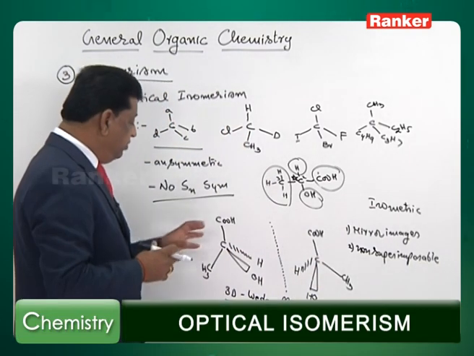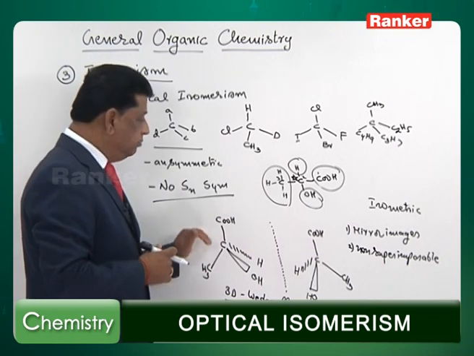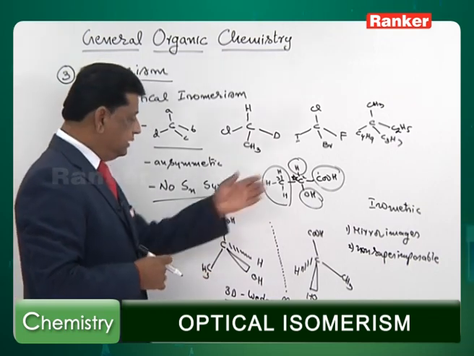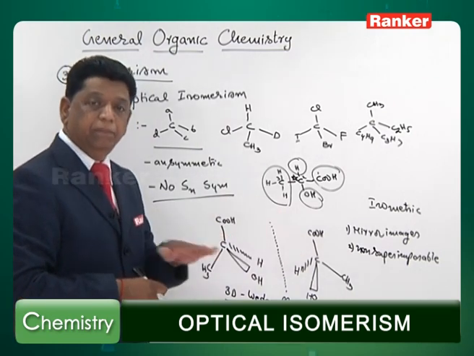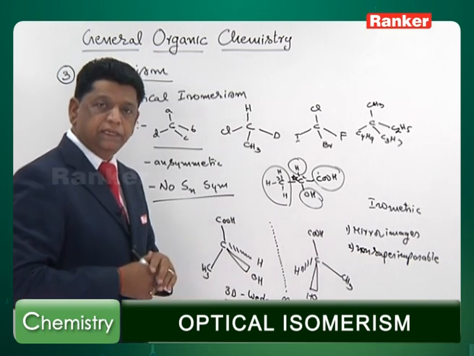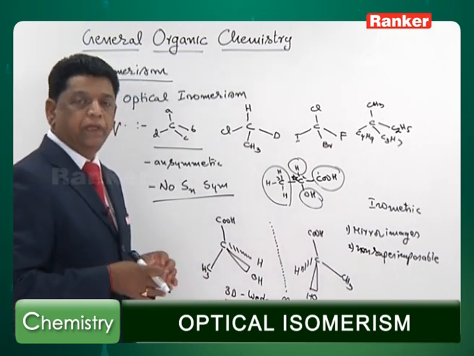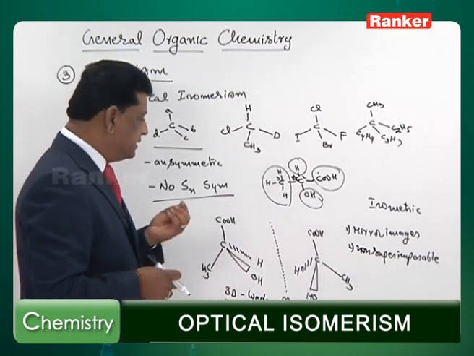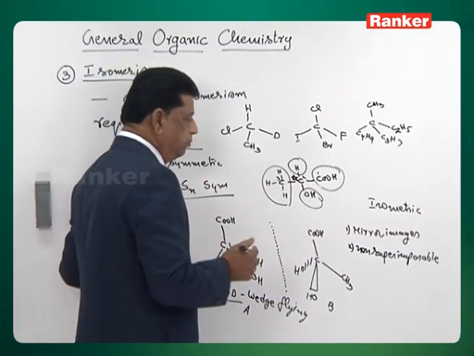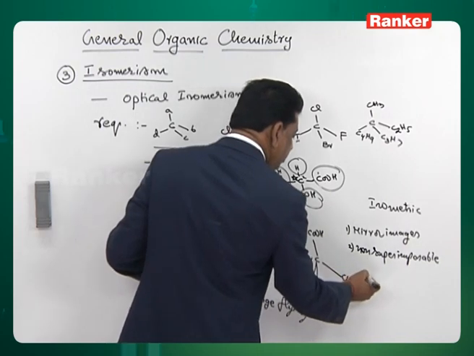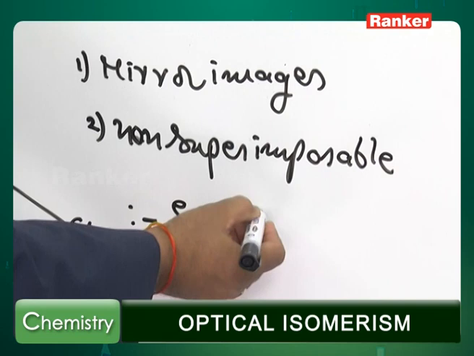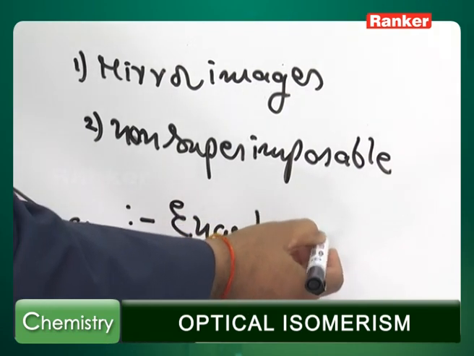That's why the attractions within the molecule between A and A are the same type of attractions you observe between B and B. Therefore, all the physical and chemical properties happen to be the same except a few. So this set of mirror images and non-superimposable isomers are said to be enantiomers. Especially, they are called enantiomers.